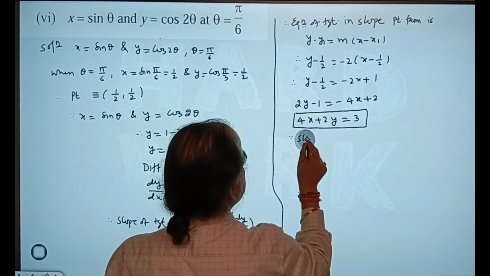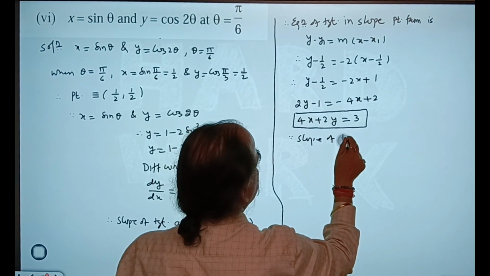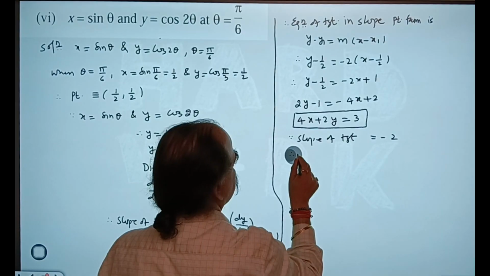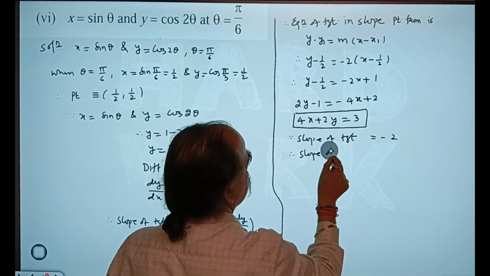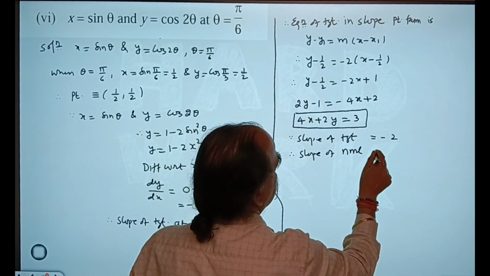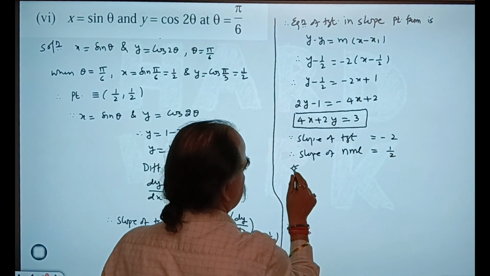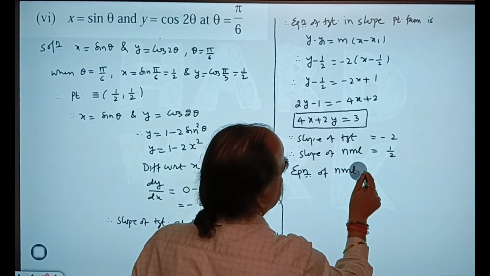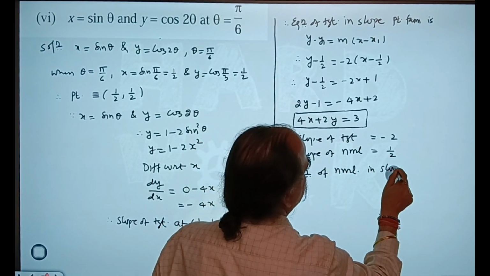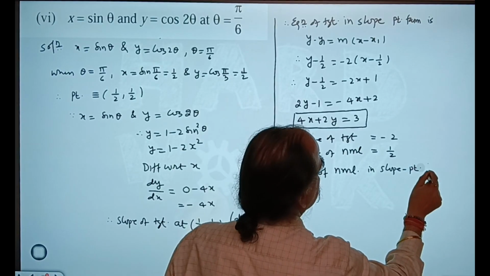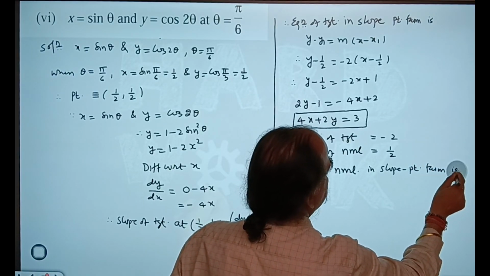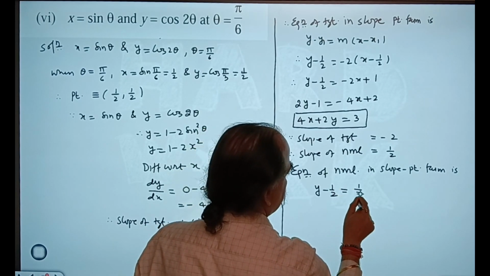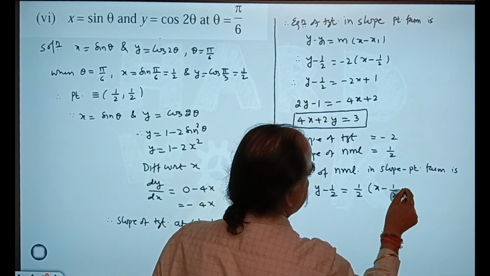Since slope of tangent is equal to minus 2, slope of normal is what? 1/2. Equation of normal in slope point form is y minus half is equal to 1/2 into x minus half.